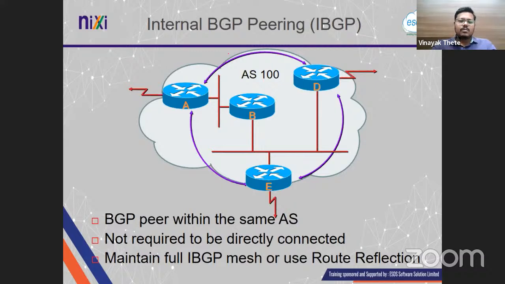Suppose router A acts as the route reflector, and other routers act as route reflector clients. In that case, there will not be pairing between each router and every other router. In this way, we can avoid the loop in IBGP.